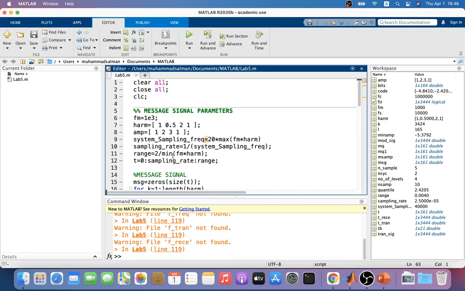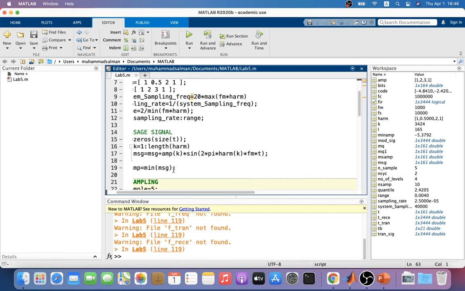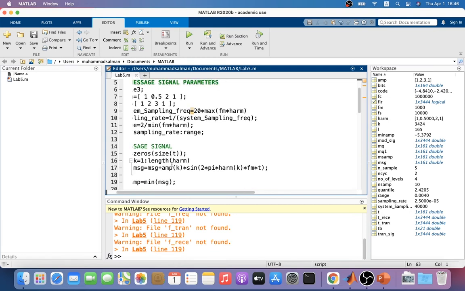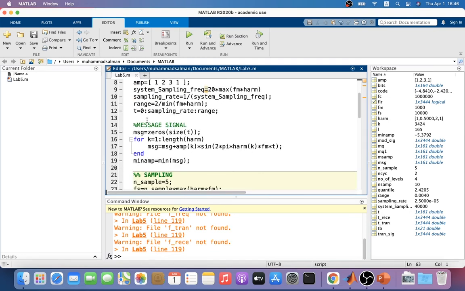Then we visualized two cycles of that signal, and finally we used the message signal, with the sinusoidal addition in the form of a Fourier series, to make the random-looking sinusoidal signal by summing up all the amplitude and frequency terms.